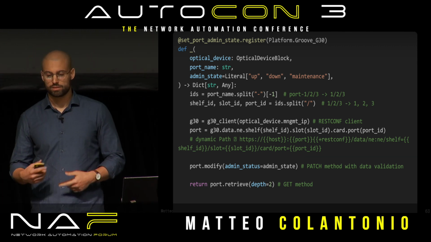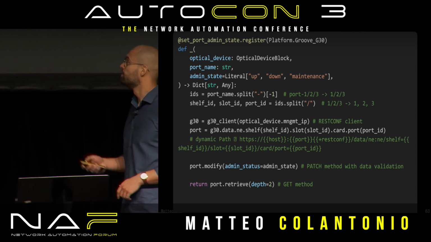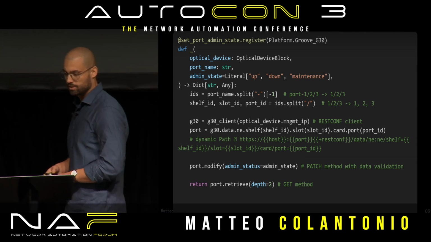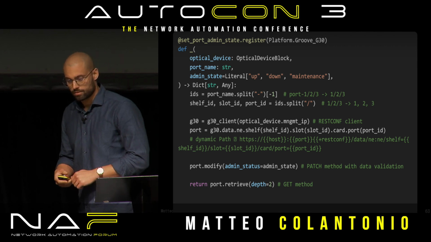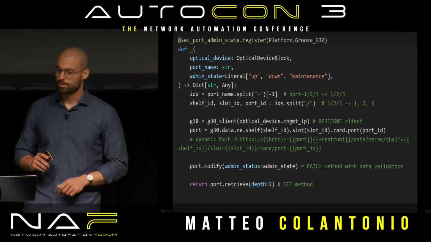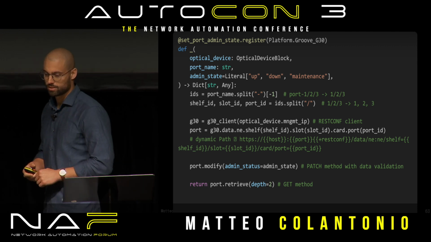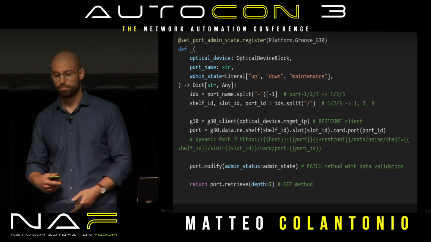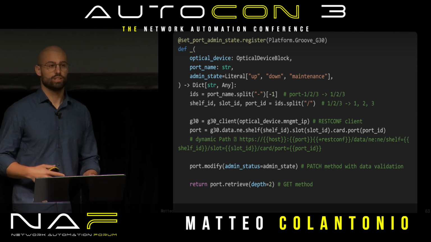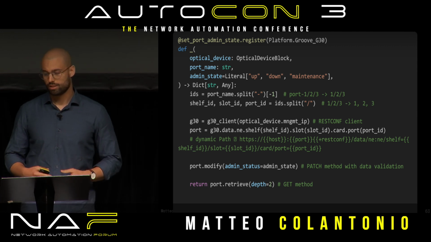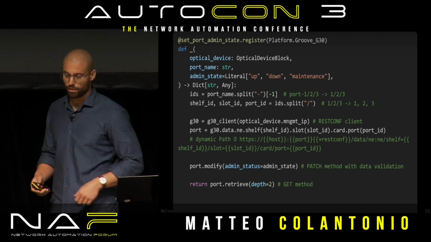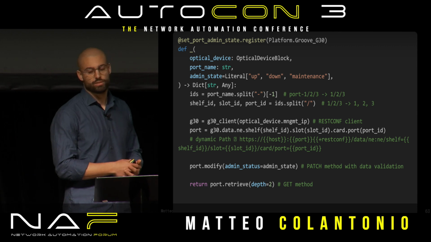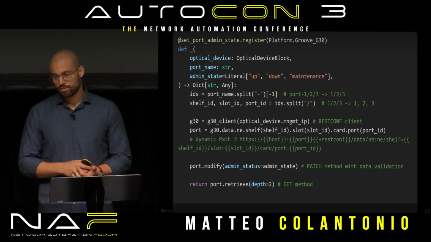This translates this Python dot notation to the RESTconf URL. Then we want to modify the state. You just type port.modify and set the admin state to up, which translates behind the scenes to a PATCH method with data validation, which is quite easy to implement in Python. And finally, we return the state of the port after modifying it with the GET method.